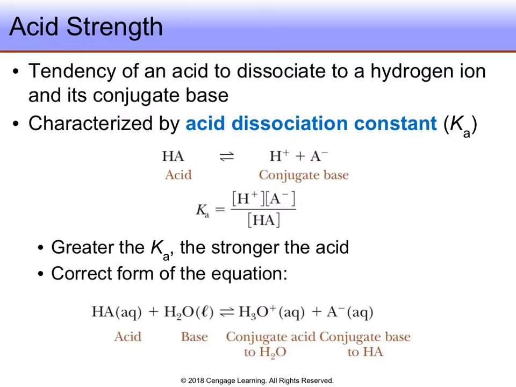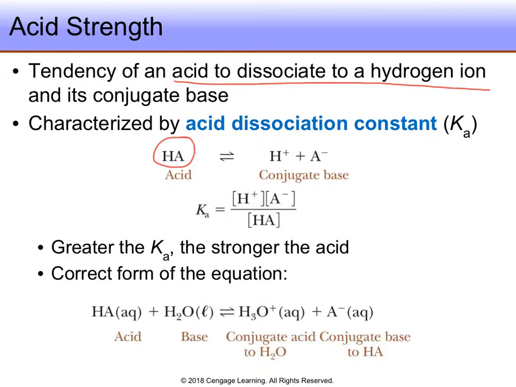Okay, so when we think about acids, we think about acid strength. And when we think about acid strength, we really want to think about the acid's ability to dissociate a hydrogen ion, and also think about conjugate bases. But let's first think about an acid. A basic structure of an acid would be known as an HA, A being the conjugate base.